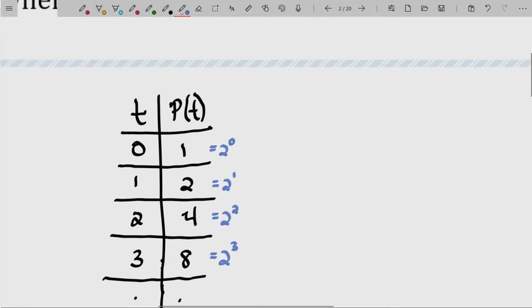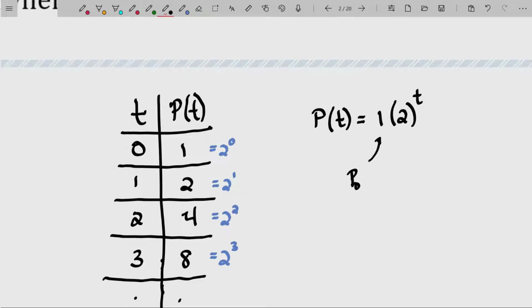And if you write out that function, the population of pennies that she has, she started with 1. That was her initial amount. And she would double that every day. That's the base of 2. Notice this base is greater than 1. And if we say, what's p of 0? That's 1 times 2 to the 0th, or 1.